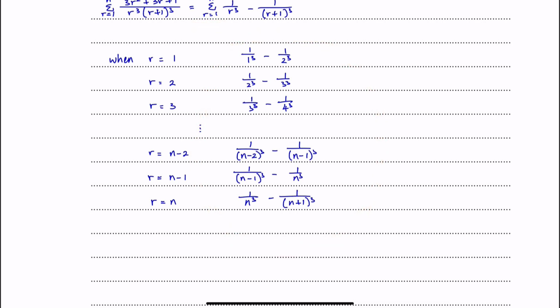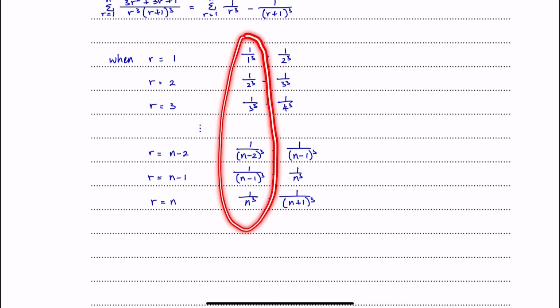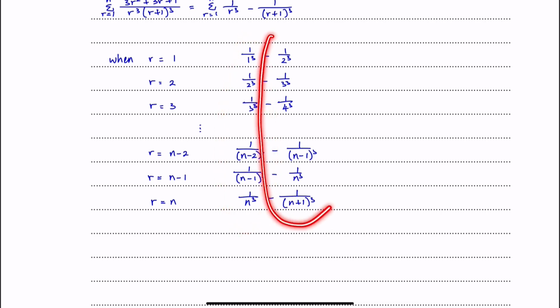But we can see that this row is plus and this row is actually minus. So we can just cancel them off. So 1 over 2 cubed can be cancelled off with 1 over 2 cubed.